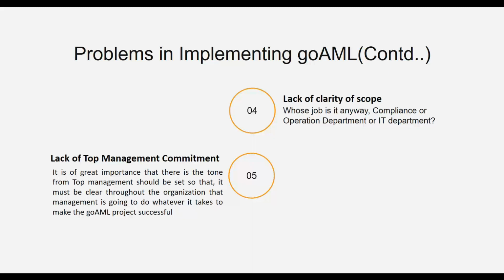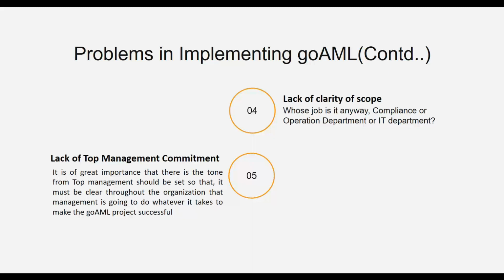Then after, identify what additional information is required. You need to communicate these requirements to your IT and operation department. The IT department is solely responsible to handle technical parts like creating additional fields in the CBS or building a separate system if required. Now comes the role of the operation department.